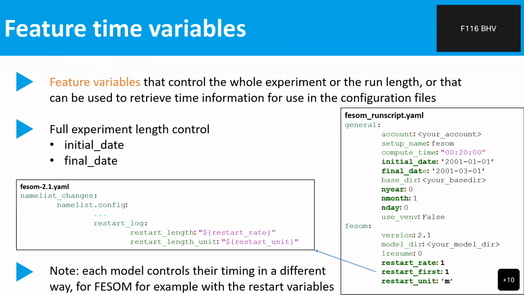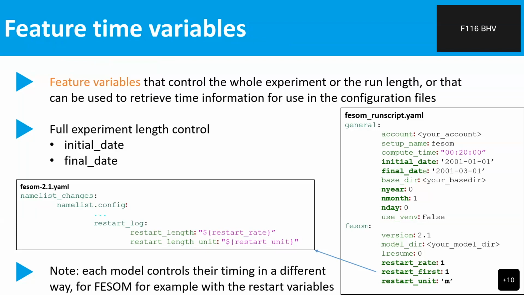These namelist changes allow you to produce monthly restarts with FESOM. That means if FESOM breaks, you can always restart and you don't have to run the whole year again. This is an extra control that FESOM allows you.